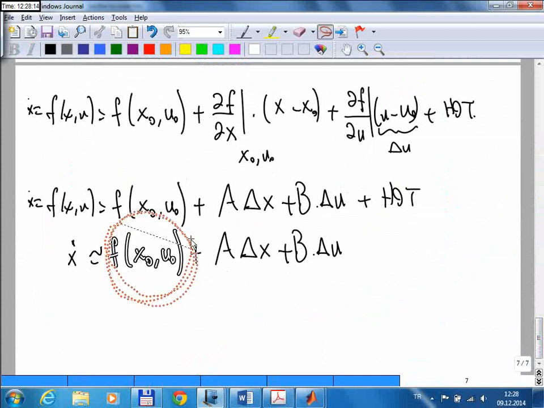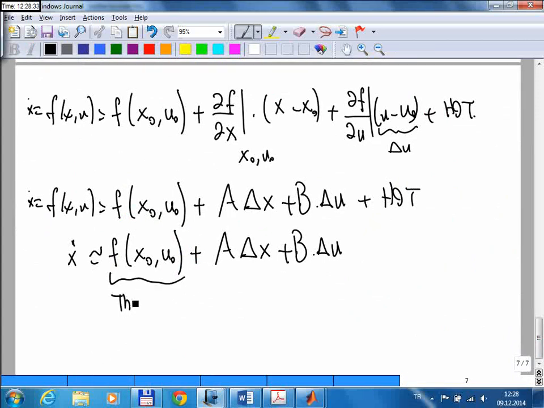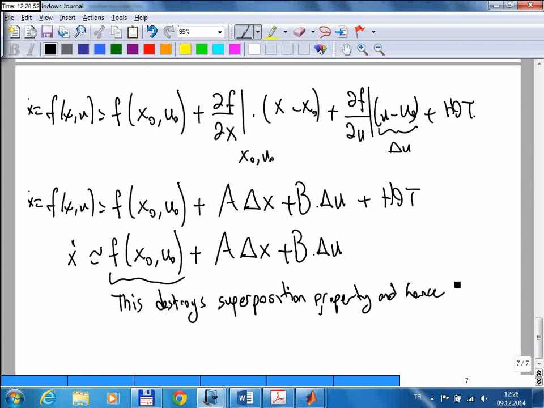Because of this, this is not really a linear model anymore, because if you think about the superposition principle, this will destroy the superposition property and hence linearity.